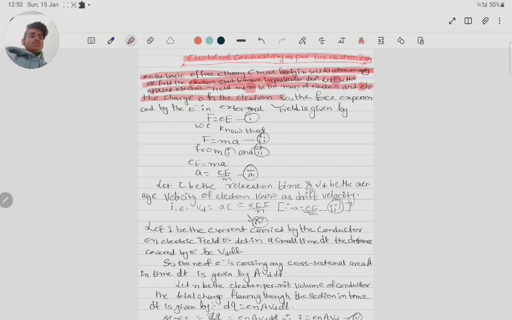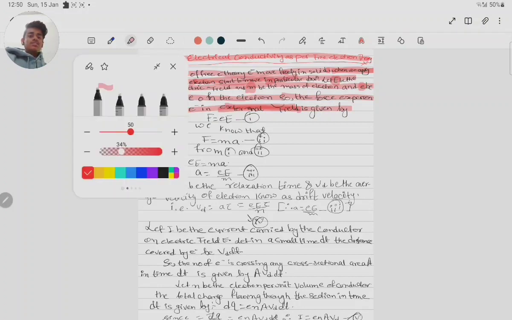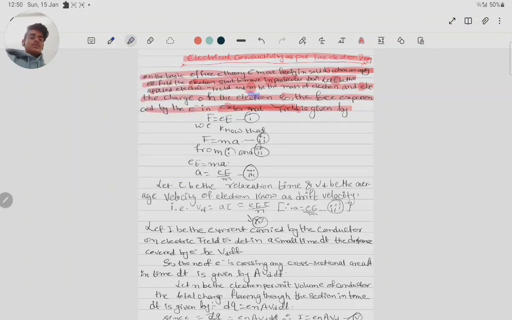The force experienced by the electron in the external field, in this case the electric field that we apply in the metal, is the force F equal to the charge of the electron times the applied electric field, F = eE.